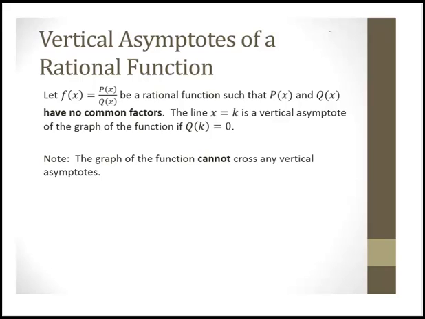So if k is some number that makes the denominator 0, then we expect a vertical asymptote when x equals k. Of course, the function must be in its reduced form. The graph of the function cannot cross any vertical asymptotes.